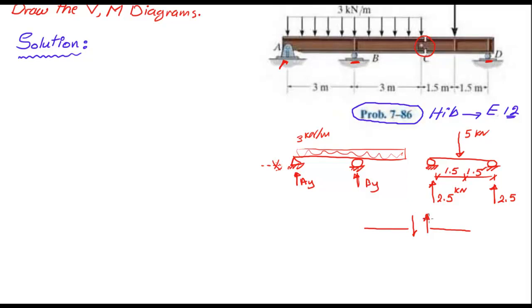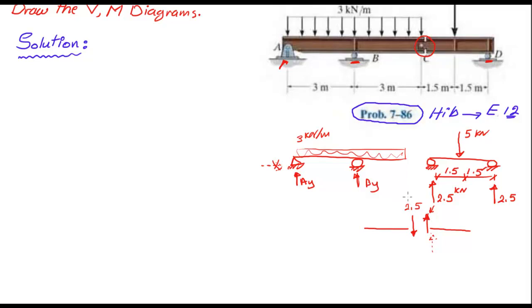This is what's going on inside the hinge, and these two forces are equal in magnitude and opposite in direction. So from this concept we can apply it to the 2.5 here. This thing is the same as the 2.5 right here. So this force is 2.5 to keep this hinge in equilibrium.